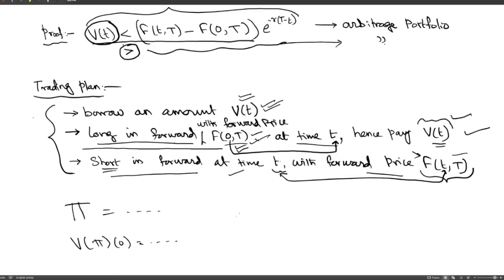Let me call these F1 and F2. You are closing the long position F1 at capital T. What is its payoff?